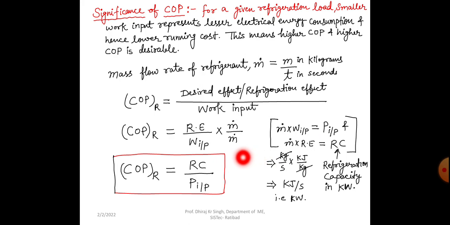This refrigeration capacity unit will be in kilowatt, and this power input will also be in kilowatt. So the final coefficient of performance of a refrigerator is refrigeration capacity divided by power input.